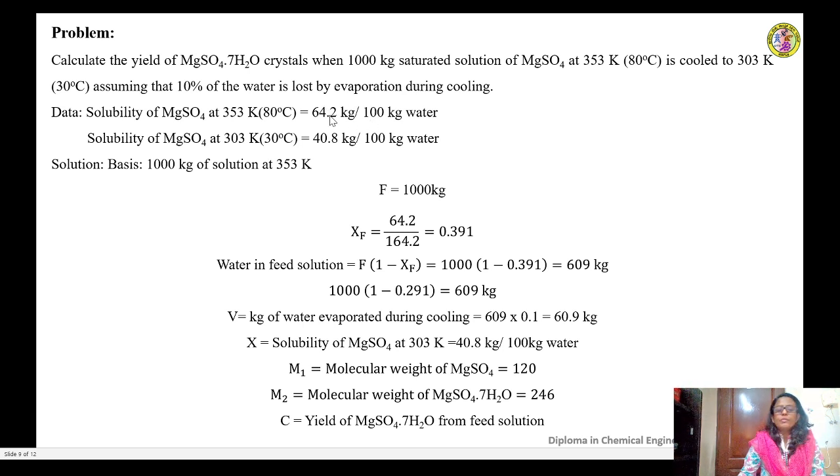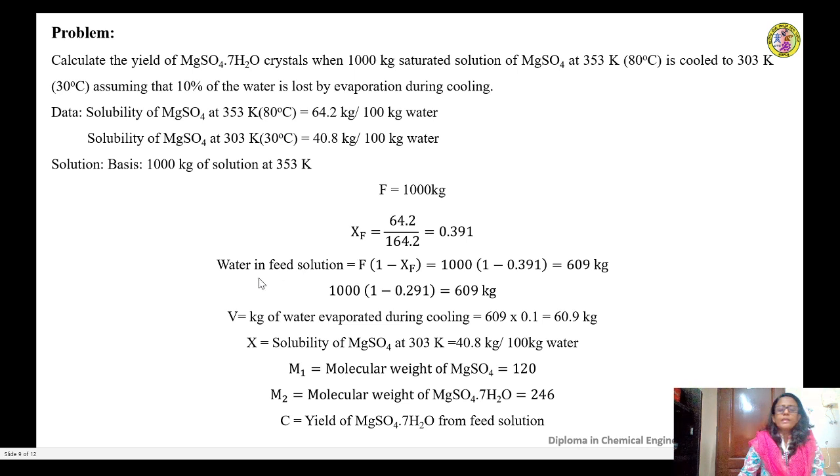So the total amount according to this is 100 plus 64.2 kg, and in that 64.2 kg is MgSO4. So 64.2 divided by 164.2 will give you the mass fraction of the solute present in the feed solution. That is obtained as 0.391. That means in 100 kg we have about 39.1 kg of MgSO4.